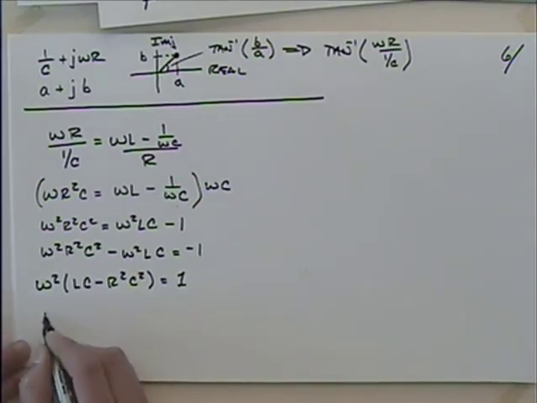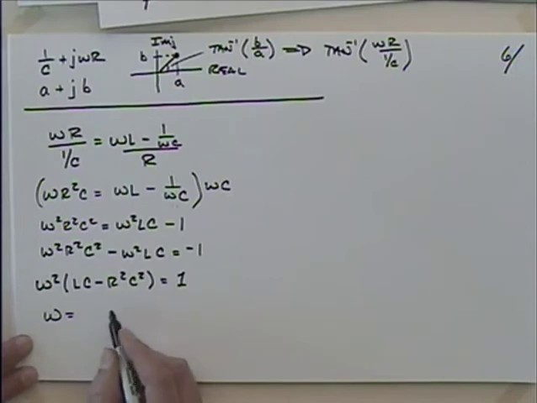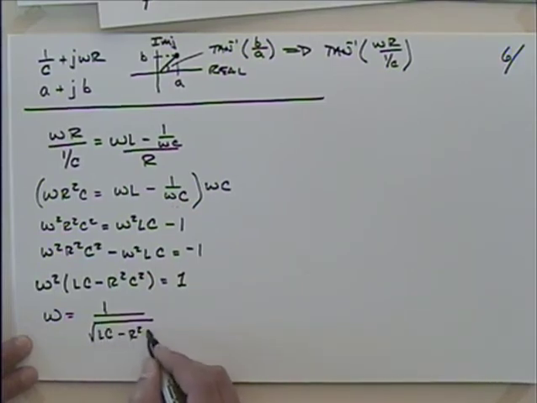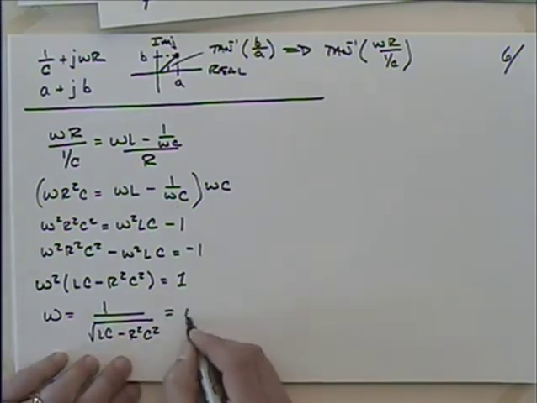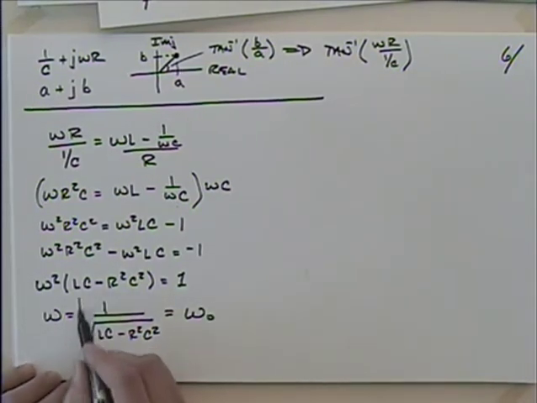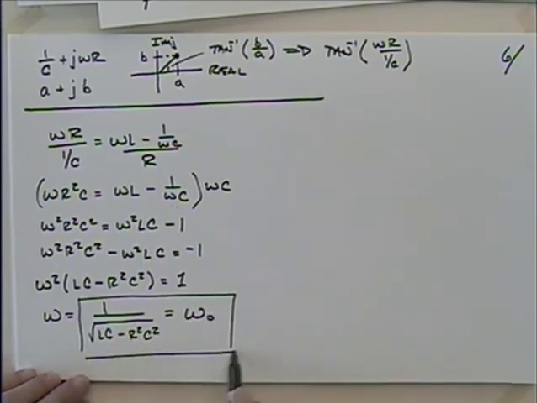So solve for omega, and we would have 1 divided by the square root of what? LC minus R squared C squared. And I should really, since this is resonant frequency, this isn't just any frequency, I probably should call this omega naught, because remember we're solving for the resonant frequency.